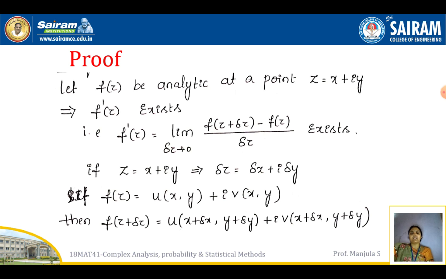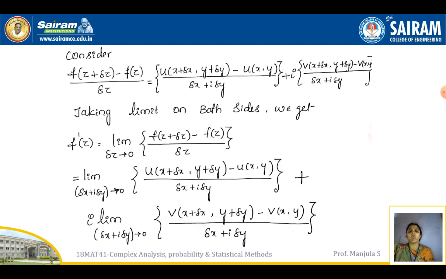If z is x + iy, then on differentiating, δz becomes δx + i δy. f(z) means u(x, y) + i v(x, y). Similarly, f(z + δz) can be defined as u(x + δx, y + δy) + i v(x + δx, y + δy).